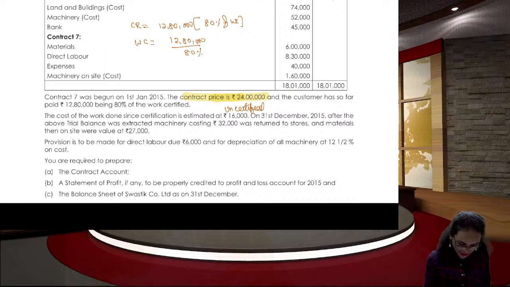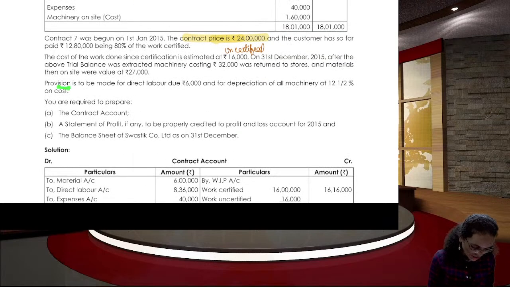Uncertified one, 16,000. On 31st December 2015, after the above trial balance was extracted, machinery costing 32,000 was returned to stores. Okay, the material then on site were valued at 27,000. That is a closing material. Provision is to be made for the direct labor due, 6,000 rupees outstanding, and for the depreciation of all machineries at 12.5% on the cost.